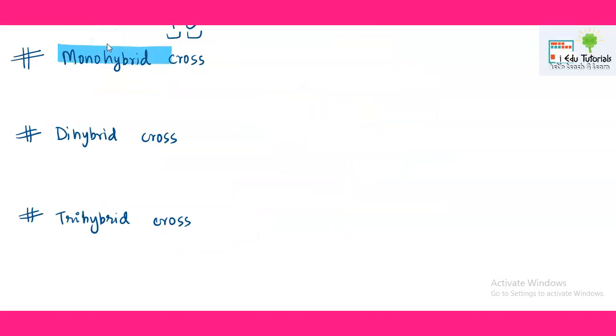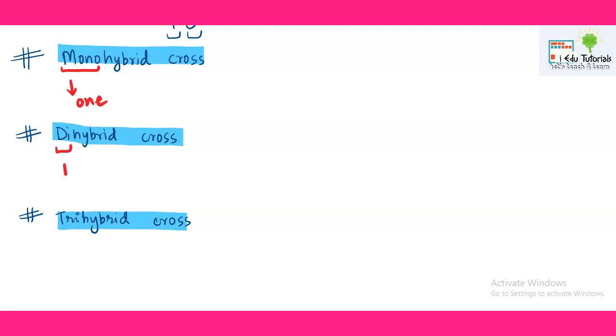Now let's understand what is a monohybrid cross, dihybrid cross and trihybrid cross. Mono means 1, di means 2 and tri means 3. When you take just one character at a time, like the seven characters you have studied in the pea plant: plant height, seed color, seed shape, pod color, pod shape, etc. Suppose you have taken plant height and you are studying the genetics of it, then it will be known as a monohybrid cross.